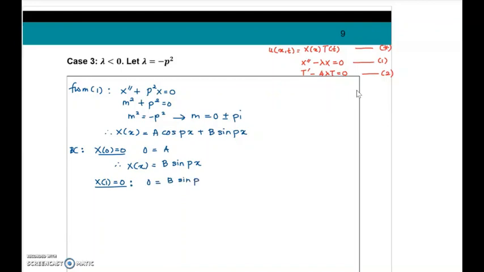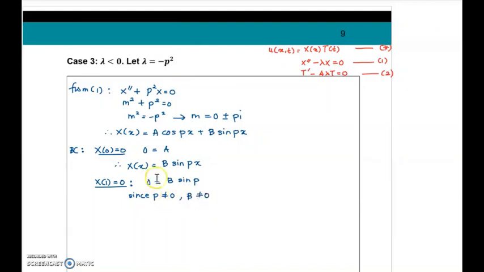Again, since p cannot be 0, the same justification as before, because if p equals 0, we have the case lambda equals 0, which is back to case number 1, which is out of interest. So p cannot be 0, and then b also cannot be 0.